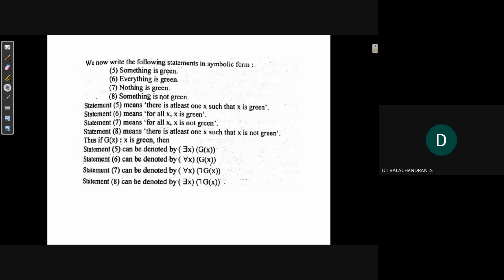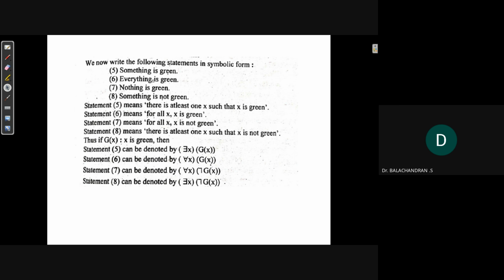From these sentences, first I will convert these four. From the first one, there is at least one x such that x is green. First I will write G(x), x is green. Then I write there exists x, G(x). That means there is at least one x such that x is green.